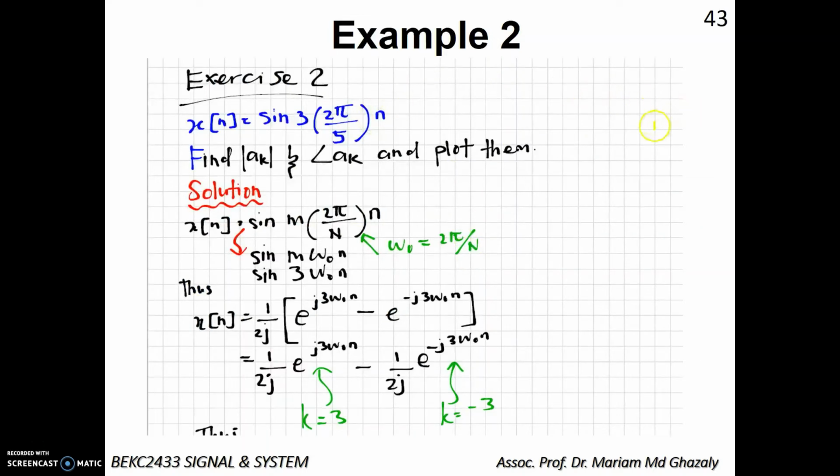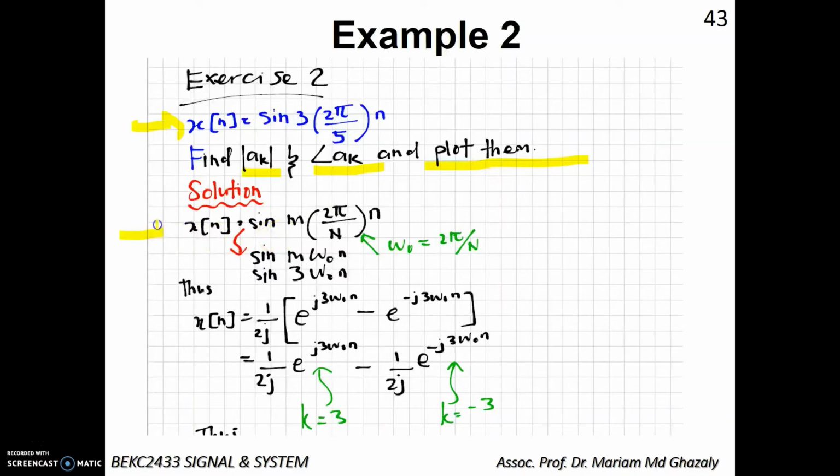So in example 1, these are the solutions. You have the equation here, x[n] equal to sine 3 2 pi over 5 n. So find the magnitude |a_k| and the phase value of a_k and then plot them. Very simple. You just write out the general equation.